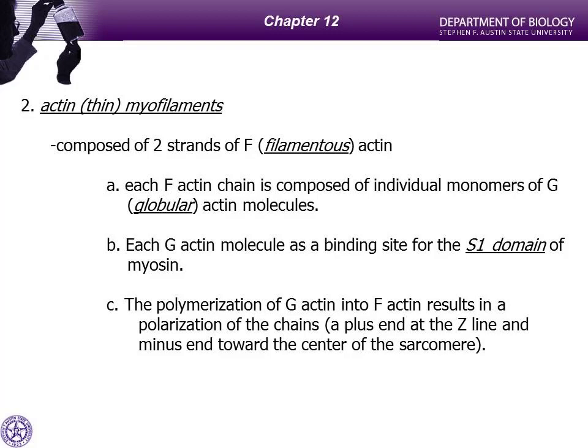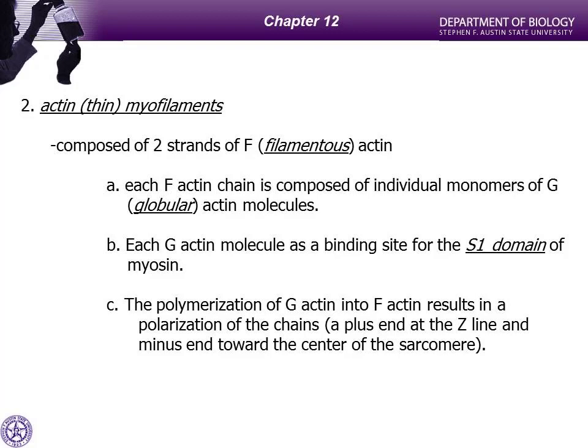Now, G-actin is important because on every G-actin molecule, there is a myosin S1 binding site. This is another reason why I like the illustration of myosin as your arm. Because that S1 domain grabs the ATP, it releases the energy.